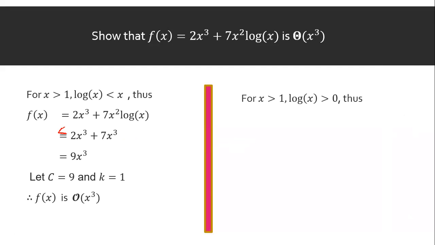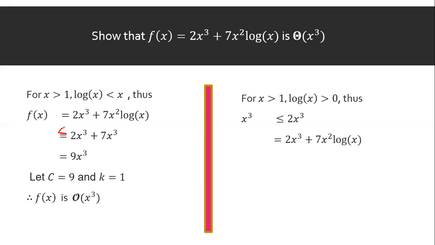For x greater than 1, log x is greater than 0. So this direction, by the way, tends to be a lot easier. It's easy to show that x cubed is going to be smaller than 2x cubed plus 7x squared log x. Still going to complete the argument. X cubed is clearly smaller than double x cubed, as long as we're above 1, as long as we're positive.